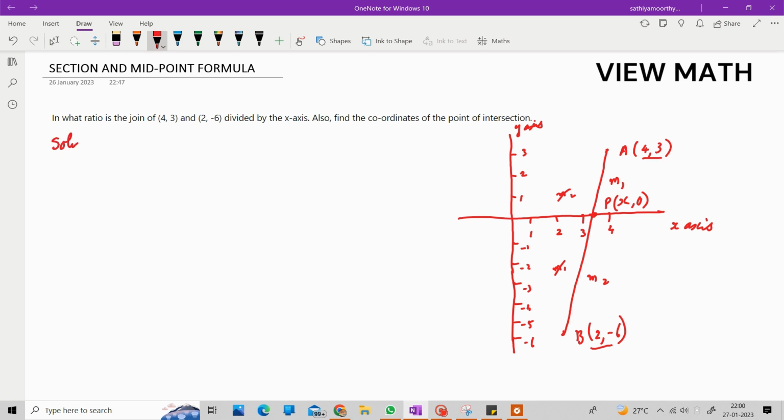Solution. Let the ratio be m1 is to m2, as we have to find out the ratio, and we need to find the point of intersection.